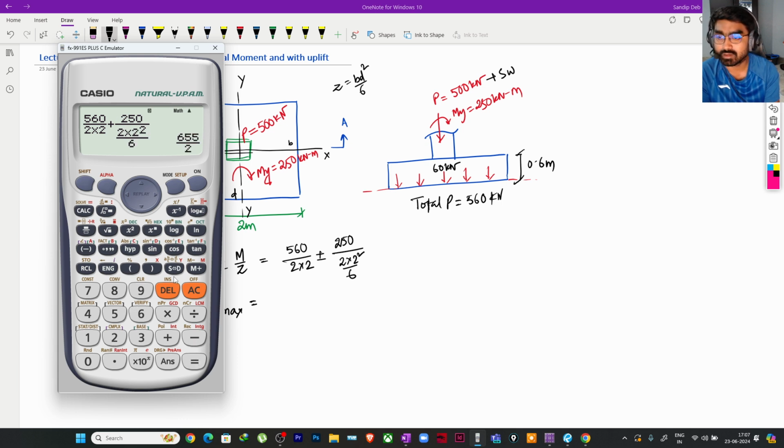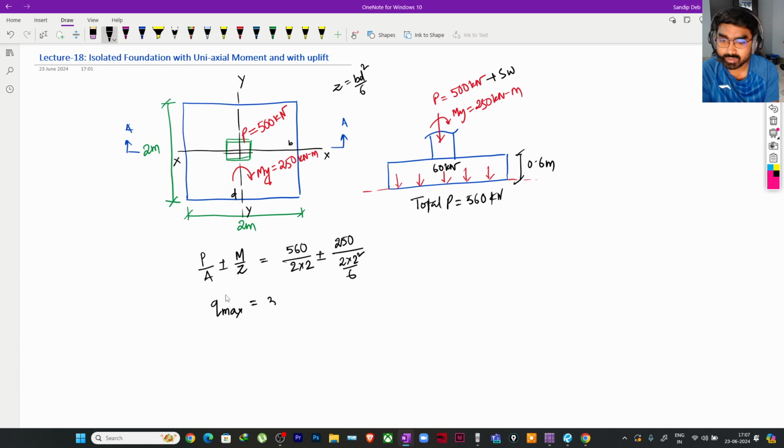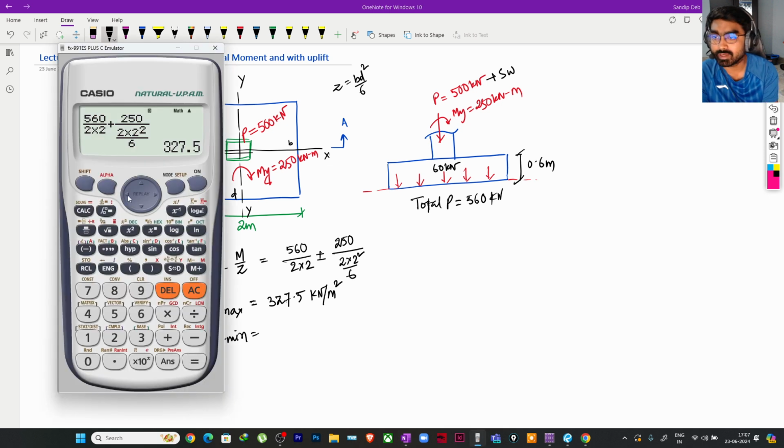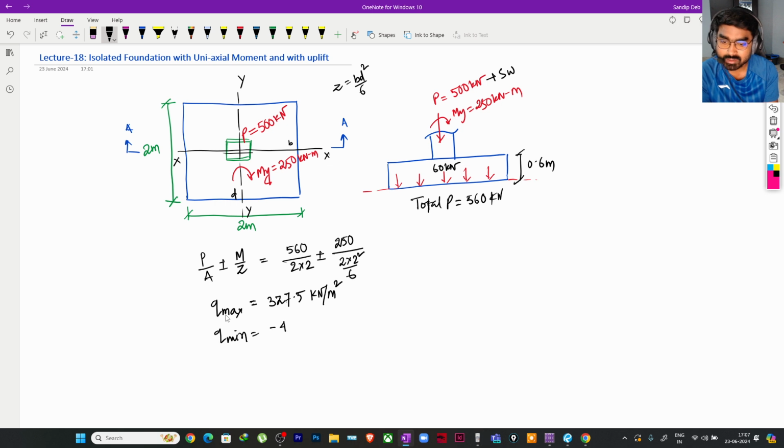If you just find out the maximum pressure we are getting, it is 327.5 kilonewton per meter square. And if you see the Q minimum, you just have to use the negative value. So we'll be getting it as minus 47.5 kilonewton per meter square.